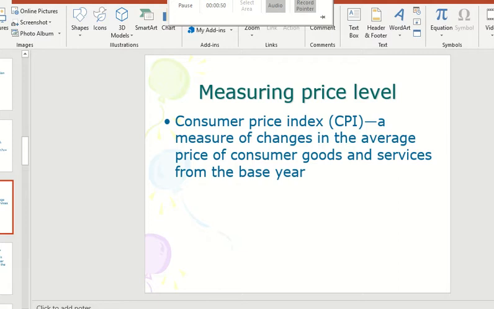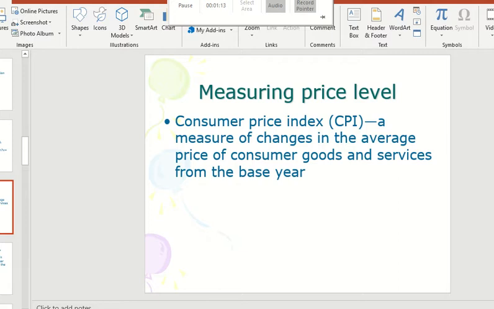There are many types of proxies or price indexes that can be used. One of the most popular is called the Consumer Price Index, CPI.